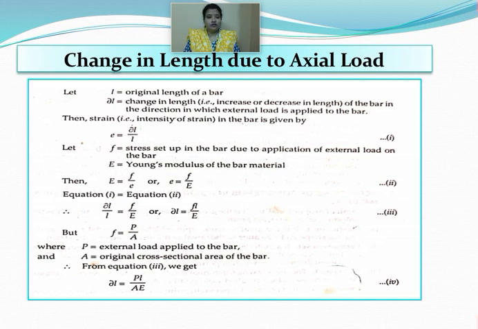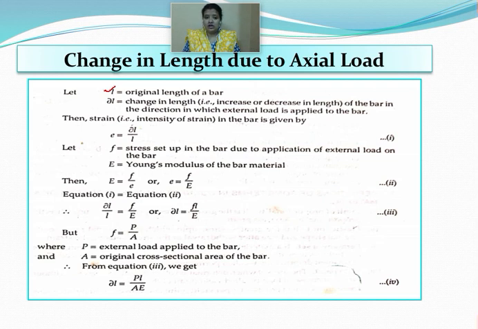As I have already told, first of all you consider a bar and take small l as your original length. After you apply the axial load, you can see certain changes in the length. The length can increase, or it can decrease.